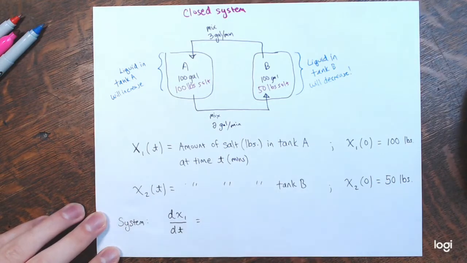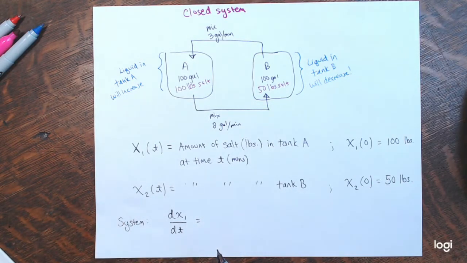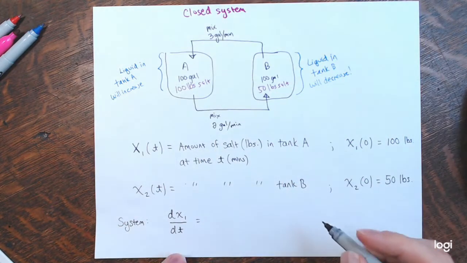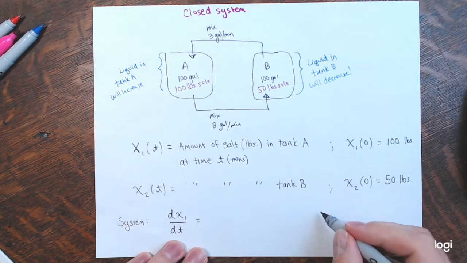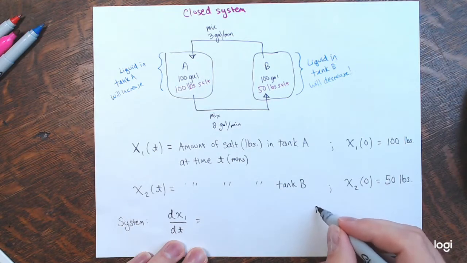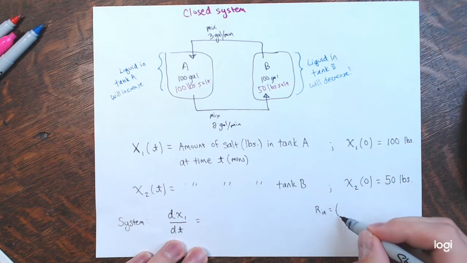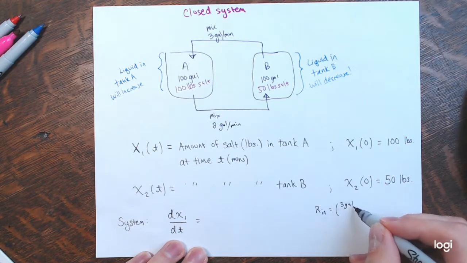So again, same setup as the other tank mixture problems. So the rate at which the amount of salt in tank A changes with time, the dx1 dt, is the rate at which it's coming in. All right. Now the rate at which it's coming in, maybe I will write it. R in, well, it's coming in at 3 gallons per minute.